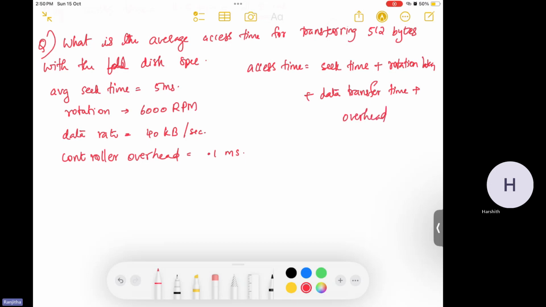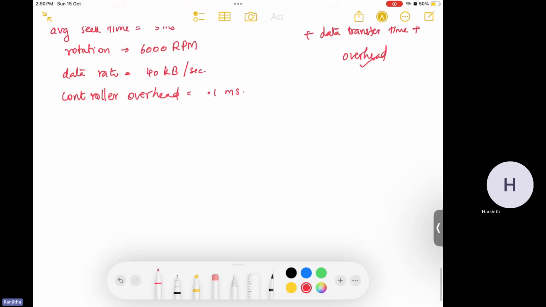We are given the overhead and the seek time, so we need to compute the rotation latency and the average data transfer time. So let's see the rotation latency. It's given that 6,000 rotations per minute. So in 1 second, let's compute the average rotation latency.